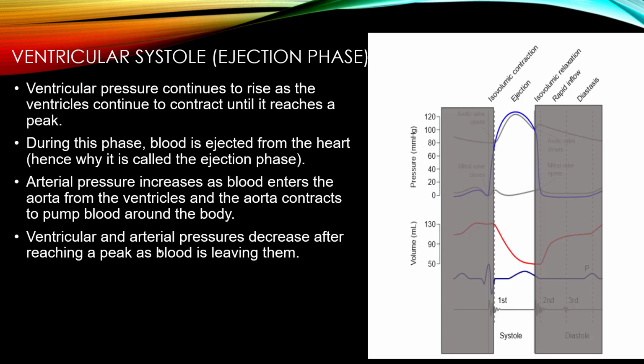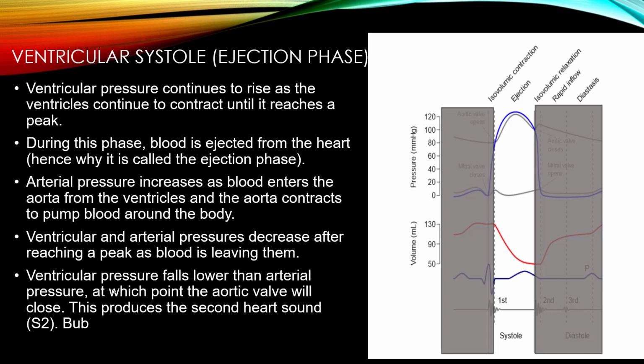Ventricular and arterial pressure decrease after reaching a peak as blood is leaving them. Here, when the blood leaves the ventricle, the ventricular and aortic pressure decrease, and there is a fall in the aortic and ventricular pressure. Ventricular pressure falls lower than the aortic pressure, at which point the aortic valve will close.